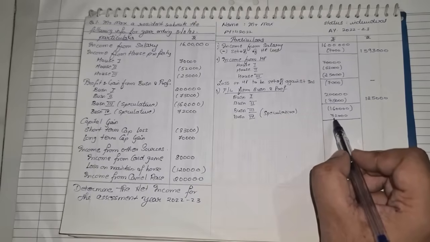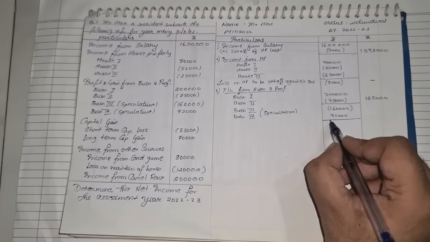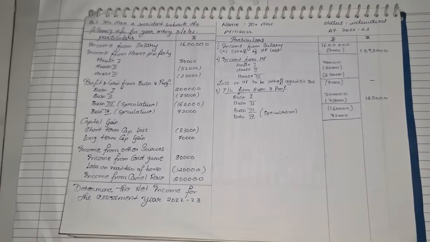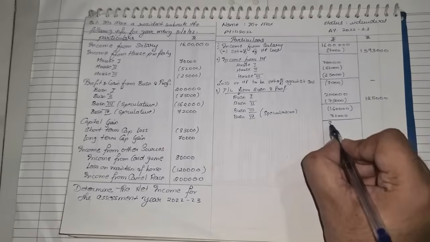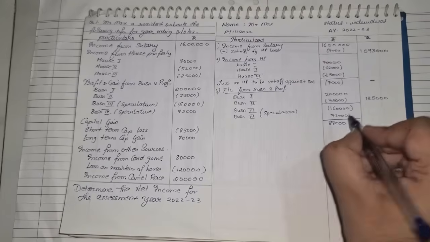But here the business income is less than the loss, so we are going to have a loss here. The loss will be 1,60,000 minus 72,000, so that will come up to negative 88,000. Now this is a loss, you cannot set off this with any other income.